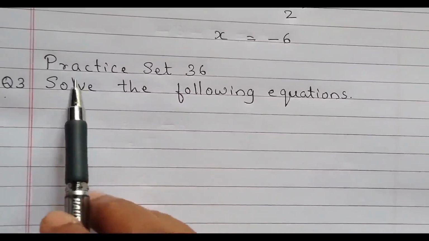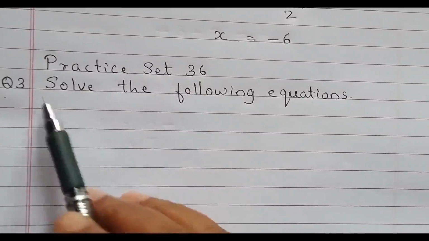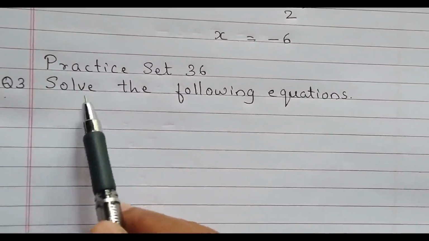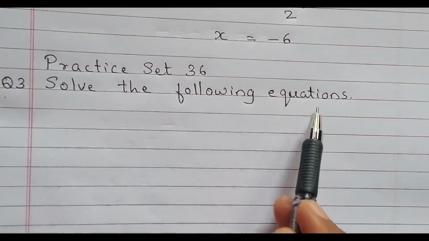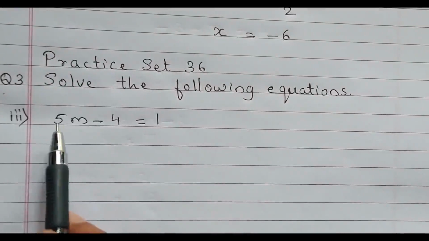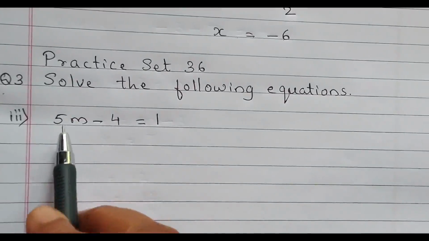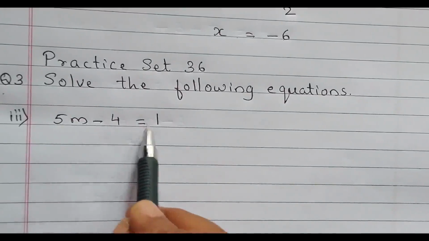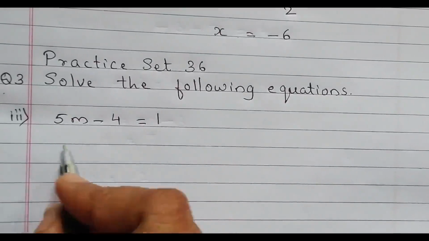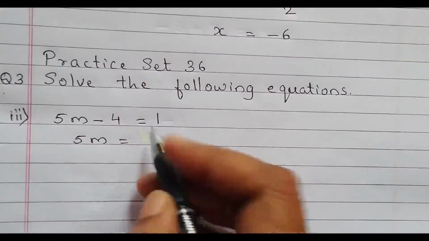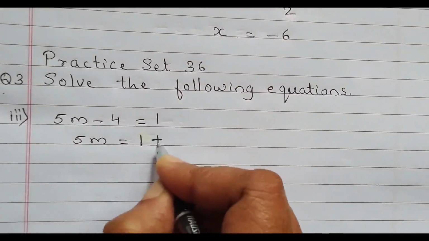Now let's move on to practice set number 36. Question number 3. Solve the following equations. We'll start with the third sub question because it's very simple. The question is 5m minus 4 is equal to 1. So you get 5m is equal to 1 plus 4.